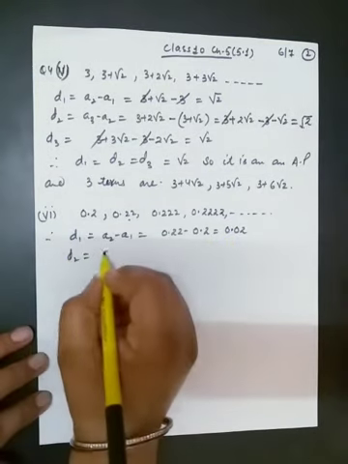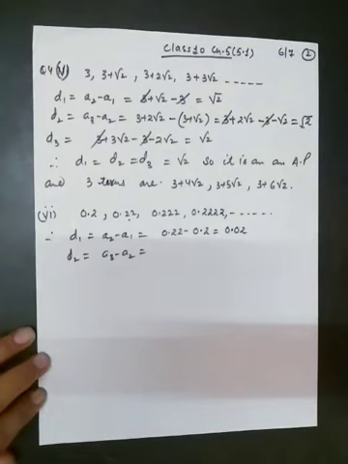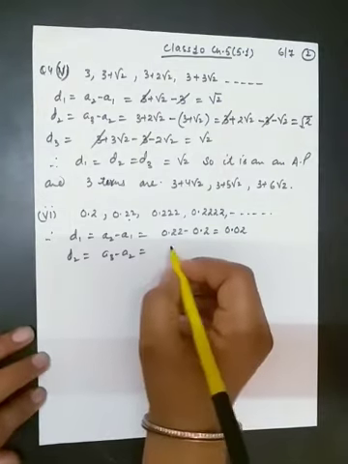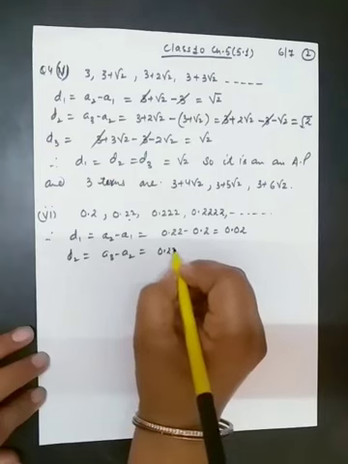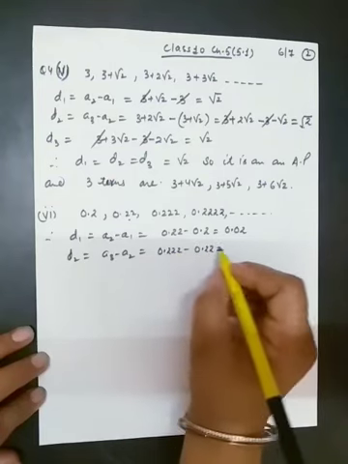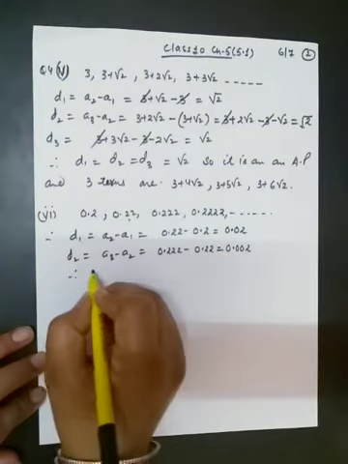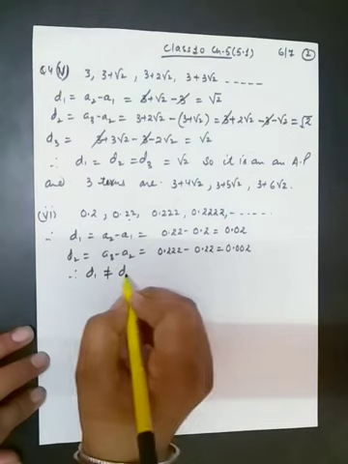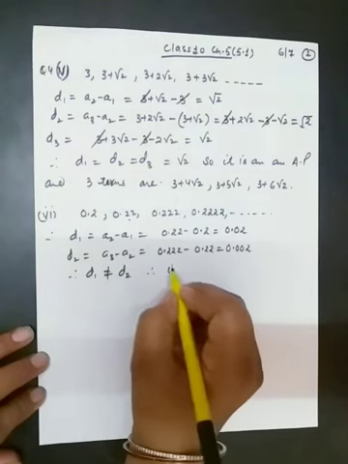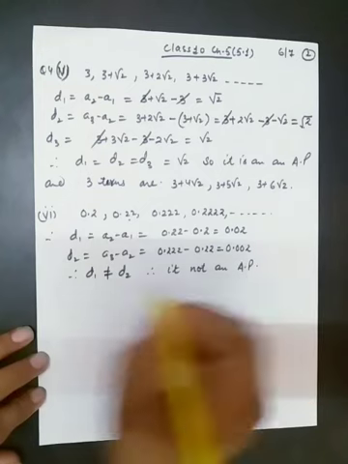And D2 will be A3 minus A2. We know if the common differences are equal, then the given series is an AP. 0.222 minus 0.22 will be 0.002. So therefore D1 is not equal to D2. Therefore it is not an AP.